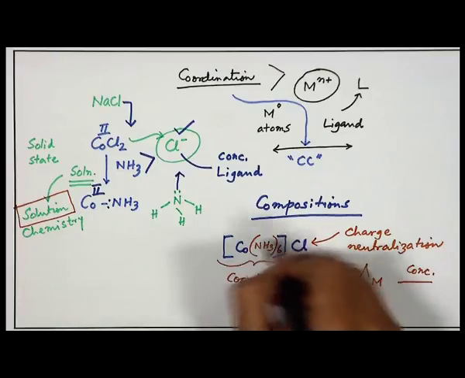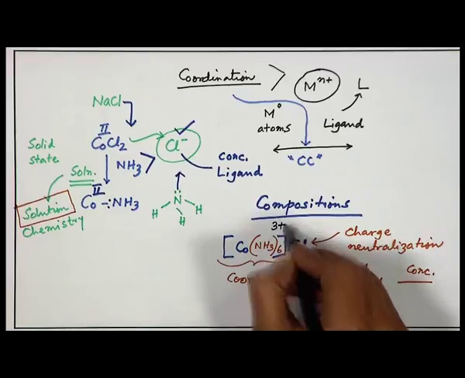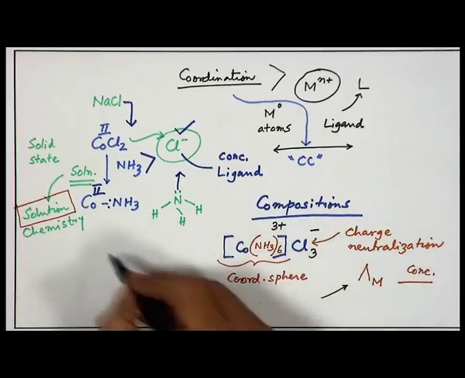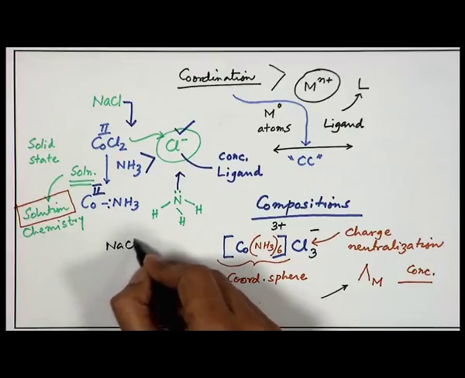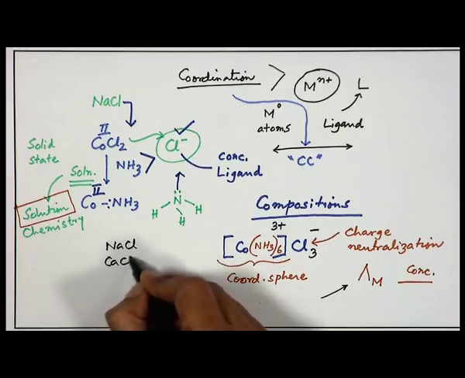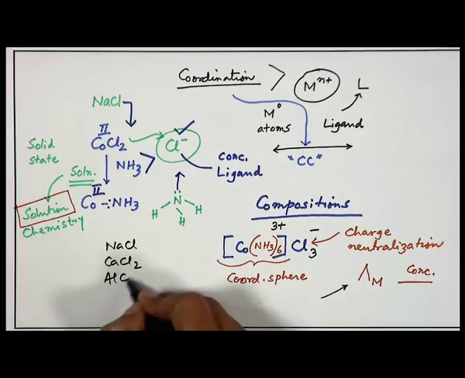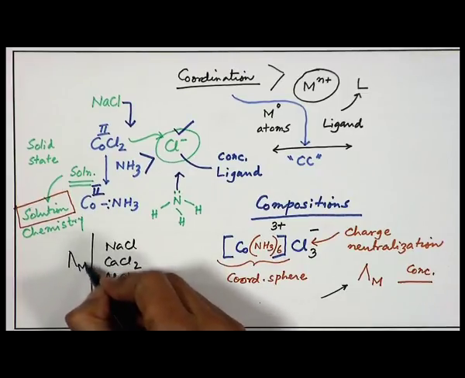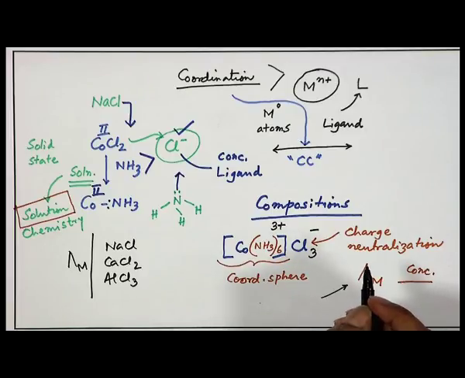That means this is the cationic part and these are the anionic part. Like the salts, we all know sodium chloride, calcium chloride or aluminum chloride, we basically compare them in terms of their corresponding lambda m values.